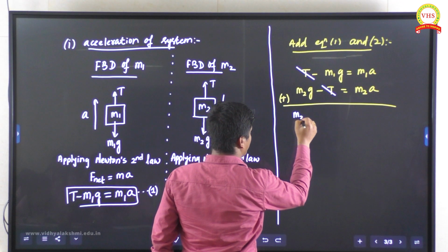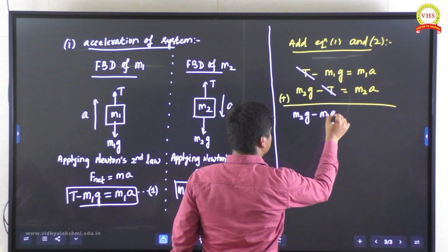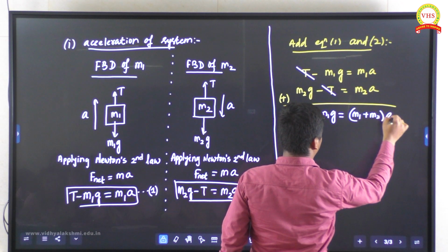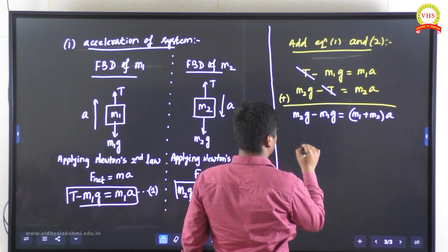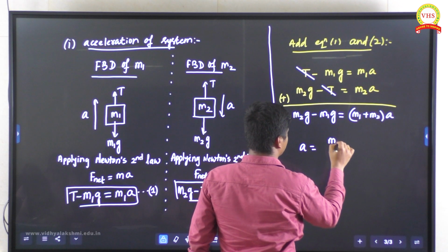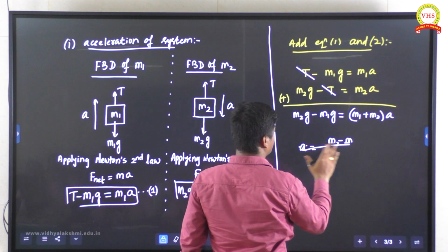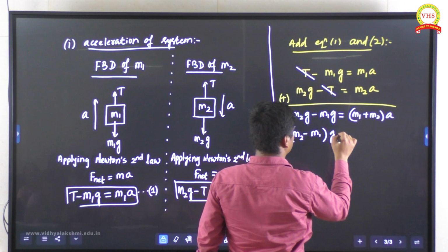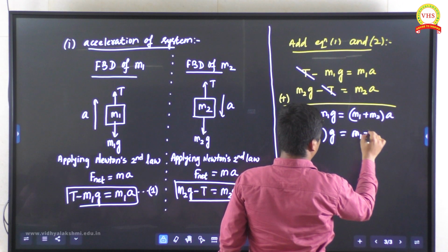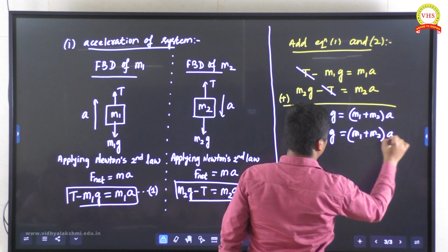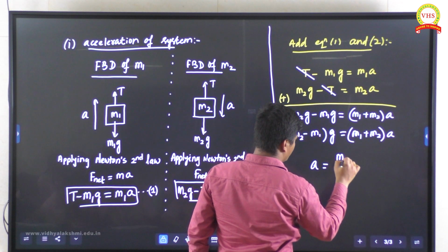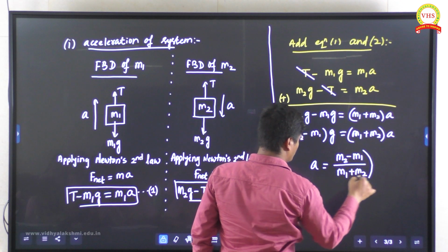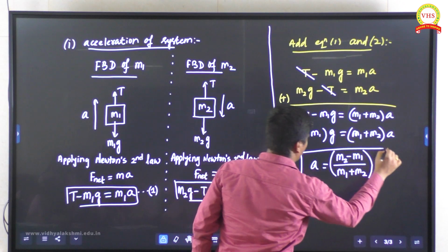Now I can write M2G minus M1G equal to M1 plus M2 into A. Now if I want to calculate A, take G common: M2 minus M1 into G equals M1 plus M2 into A. So A is M2 minus M1 by M1 plus M2, into G. G is basically acceleration due to gravity.